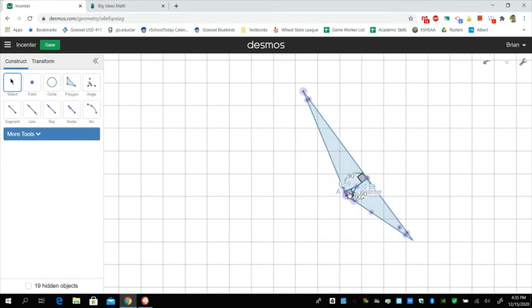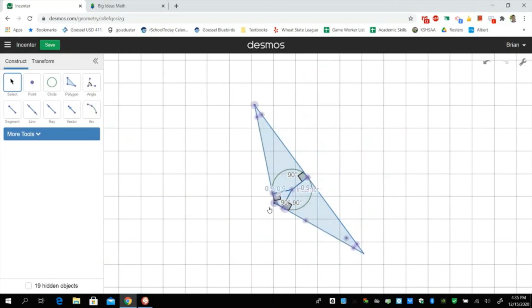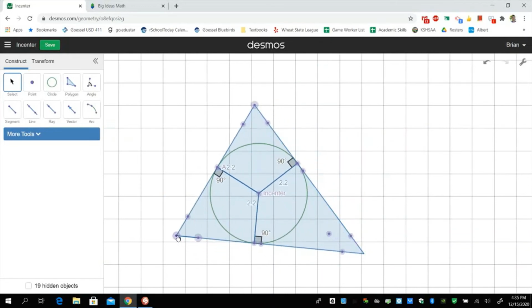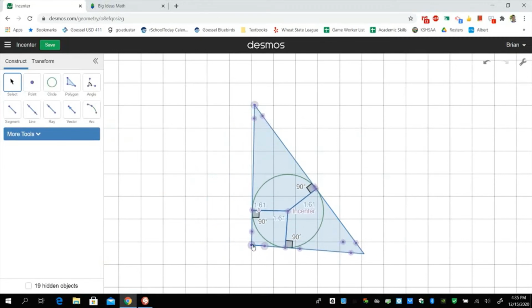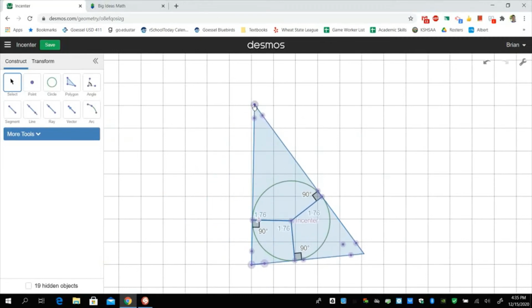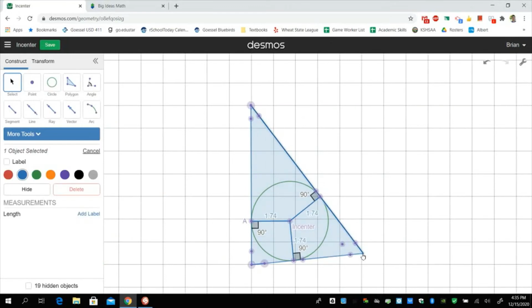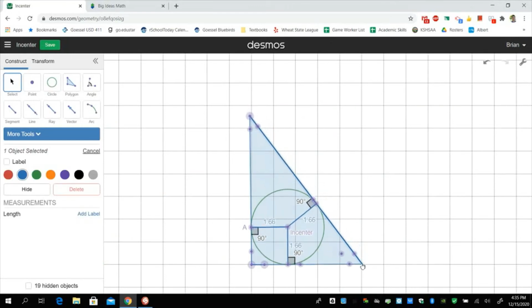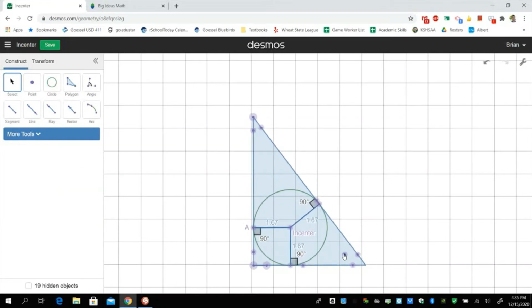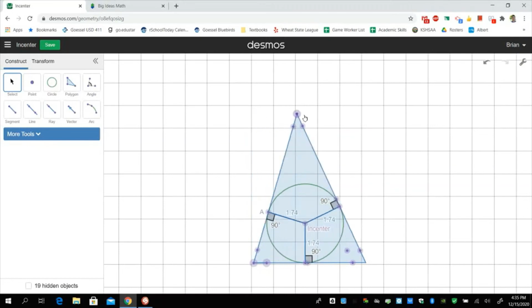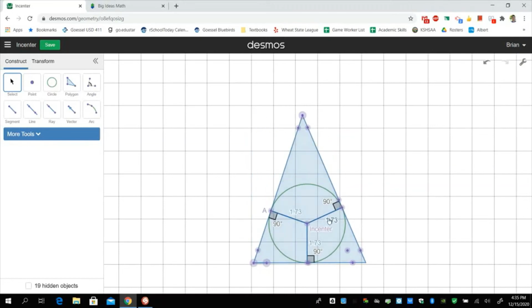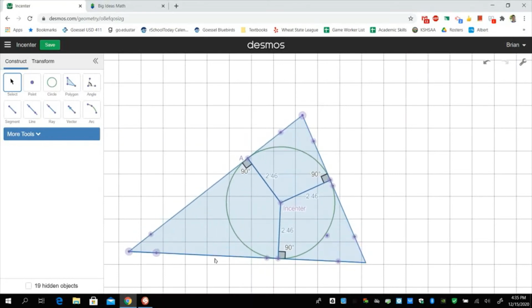So the incenter is always inside the triangle, whether it's a right triangle or not. I'll play around with that later. So that's the incenter. Notice the 1.73s there. Those are the distances from the incenter to the sides. They always stay the same.